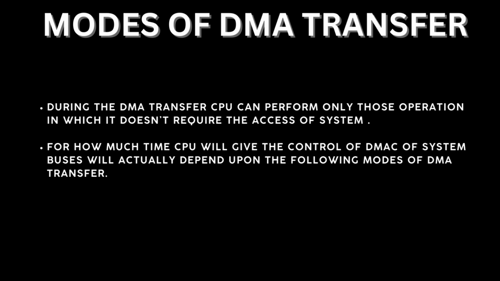And for how much time the CPU will remain in the blocked state, or in other words, for how much time the CPU will give control of the system buses to the DMAC, that is the direct memory access controller, will depend upon the following modes of DMA transfer. And after that, the CPU will take back control of the system buses from the DMAC.